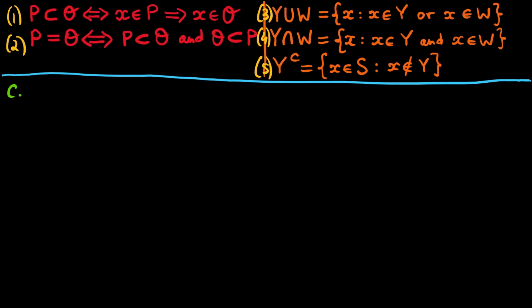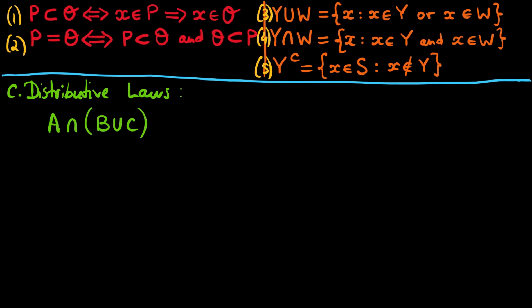Okay, see, distributive laws. So now we're mixing operators. So if we have A intersection with B union C, what happens, the way I remember it, is that we distribute the operator that's in front of the parentheses to each set inside the parentheses.